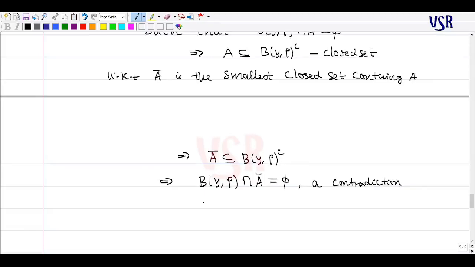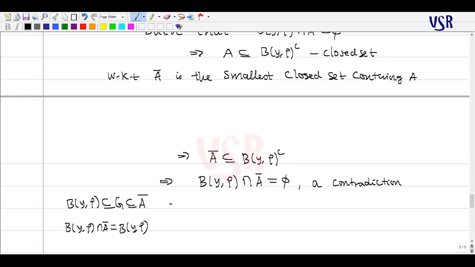Which is a contradiction. ஏன் அப்படின்னா, ball with the center y radius rho is a subset of G, which is a subset of A closure. அப்போ இது ரெண்டினுடைய intersection, B of y, rho intersection with A closure, is equal to B of y, rho, which is equal to empty.